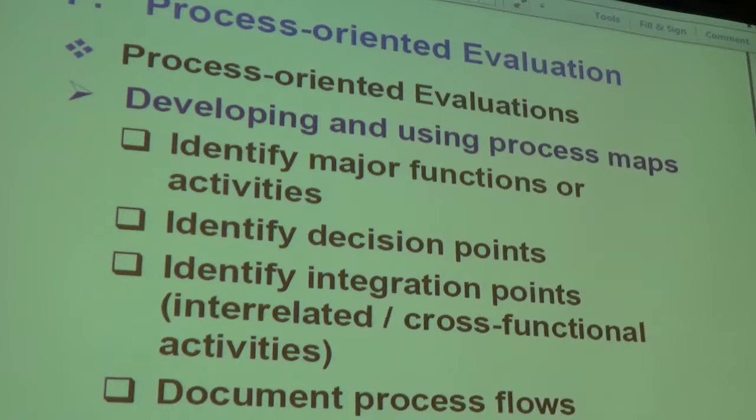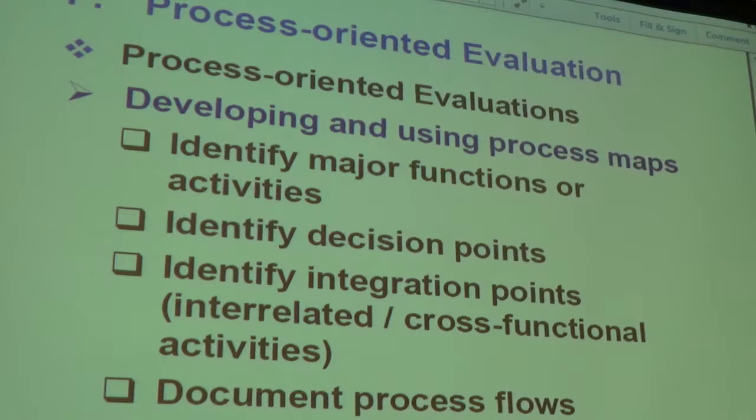When programs are viewed in isolation without taking into account other programs, how the activities of one particular program affect the others across the organization is not understood or taken into account, because the integration points are not part of the assessment. And so a good process-oriented method looks at all of the process of particular programs and its linkages to other aspects of the organization.